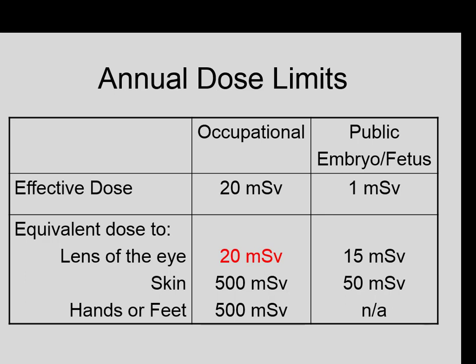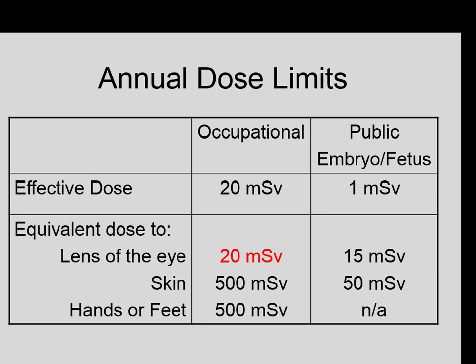For an occupationally exposed person, someone who is working with radiation and is expected to be exposed to radiation as part of their work, their dose limit per year is 20 millisieverts in terms of effective dose. A member of the public has a lower dose limit at 1 millisievert, and we treat an embryo or fetus of a pregnant worker the same as a member of the public, so they're also subject to the 1 millisievert dose limit.